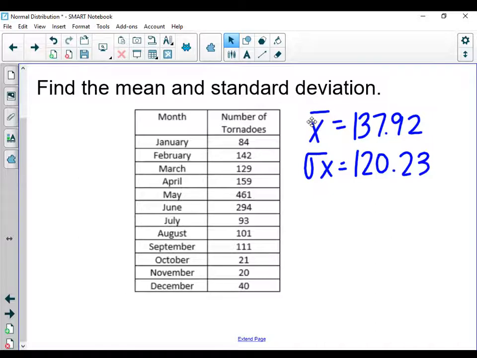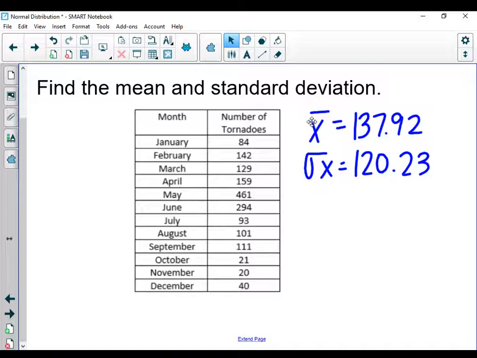So with that being said, especially when we start looking at the normal distribution curve, we're gonna be adding and subtracting our standard deviation. But if you notice, if you start with your average, which is 137.92 or whatever, and you subtract 120, then you subtract 120 again, you're already in the negative.